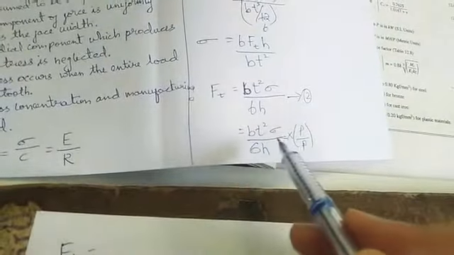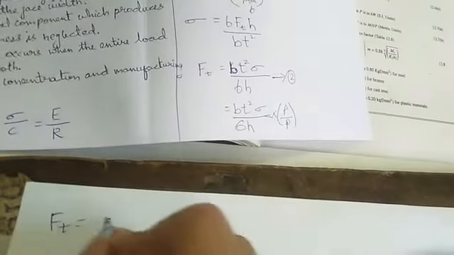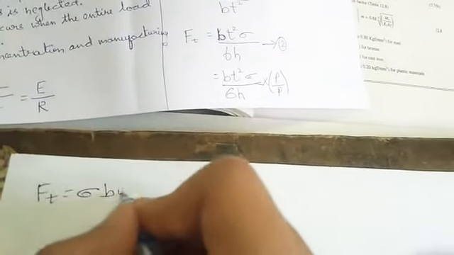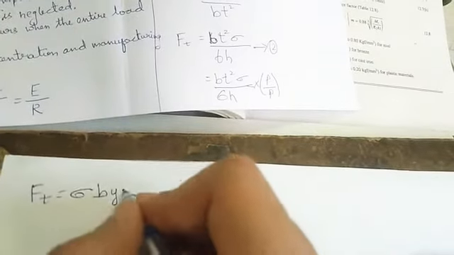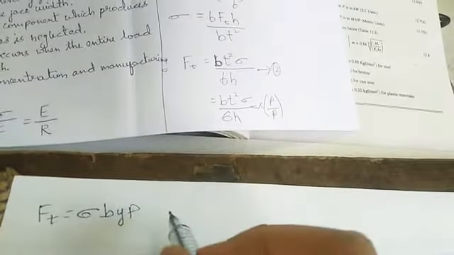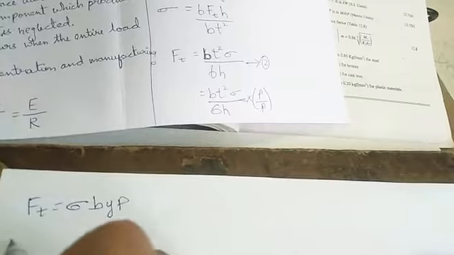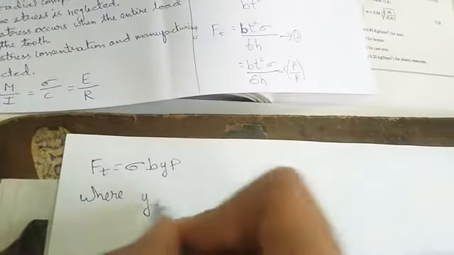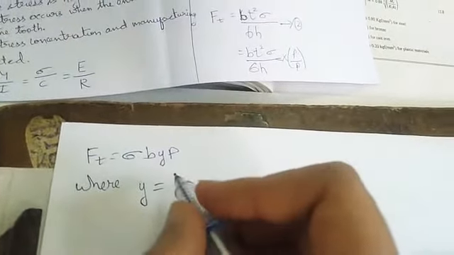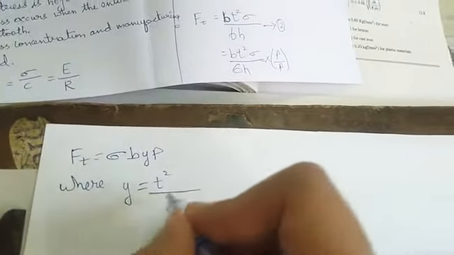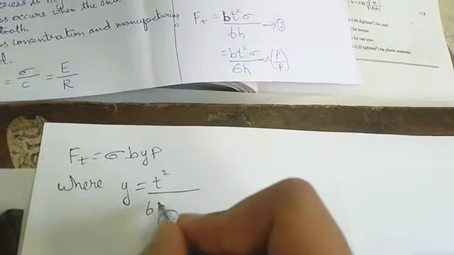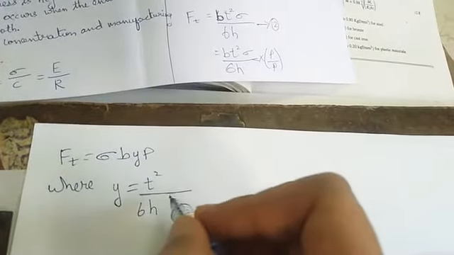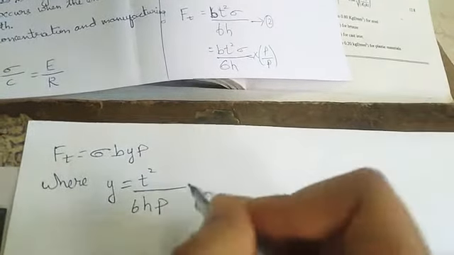Now we shall make some modifications in this equation. We can write this equation as Ft is equal to sigma b y p, where y is equal to t square divided by 6hp.